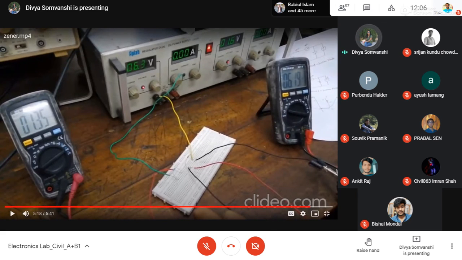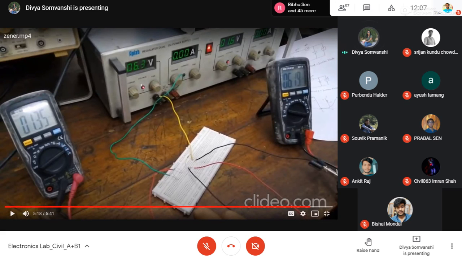At some number it will saturate, because this is basically a saturation number, right? So you have to note it down at that time. You have to change your value in fine steps, and over a very small duration see how your current is changing.